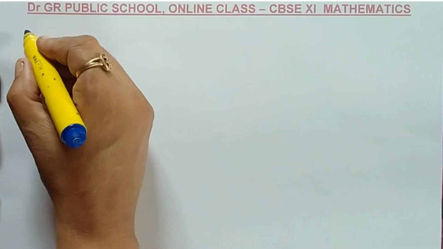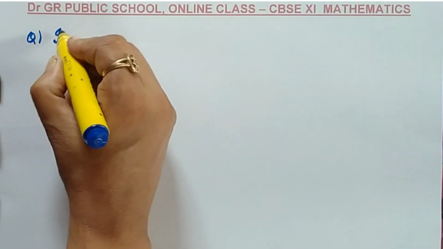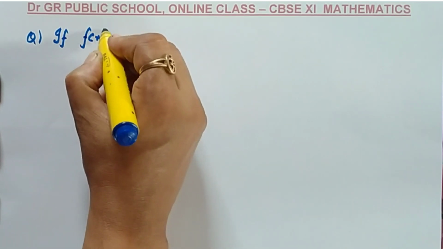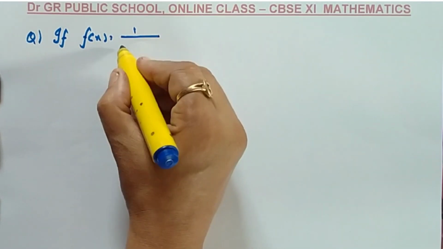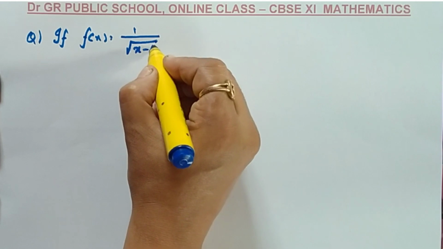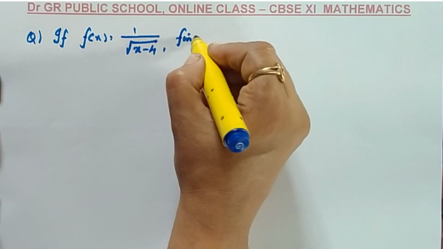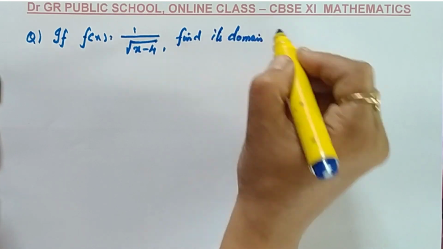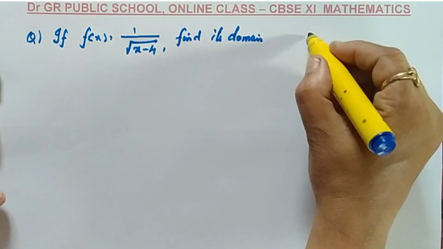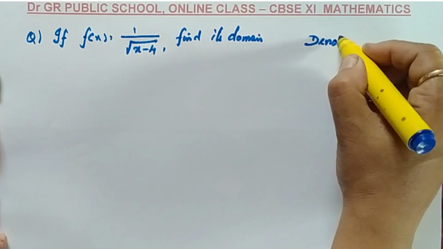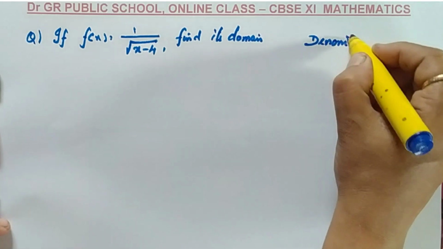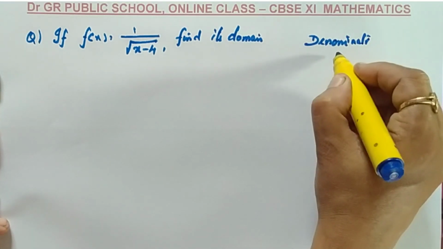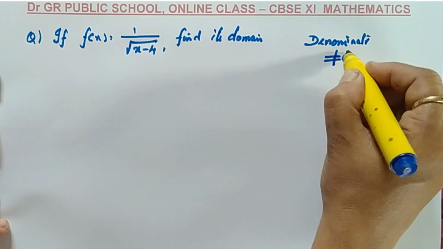Consider another question. If f(x) equals 1 by root of x minus 4, then what will be its domain? Find its domain. So already you studied that two critical constraints are there. One is that if the expression has a denominator, it should not be equal to 0.